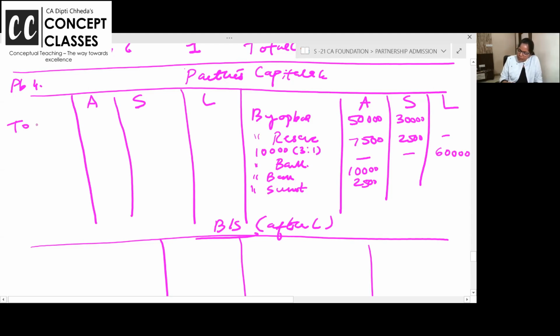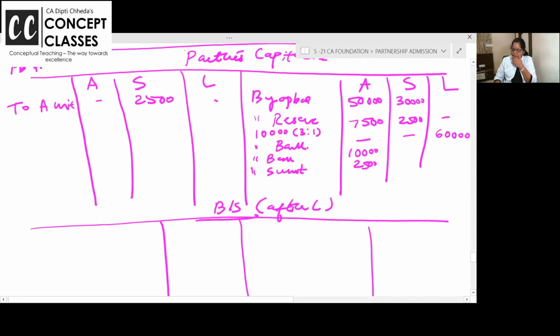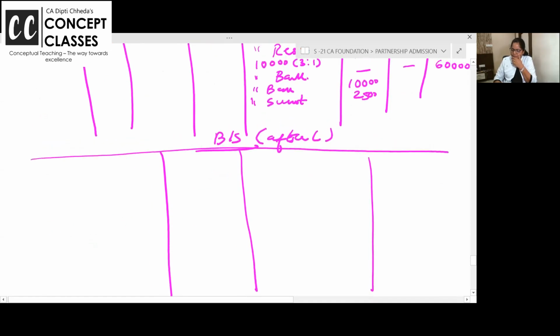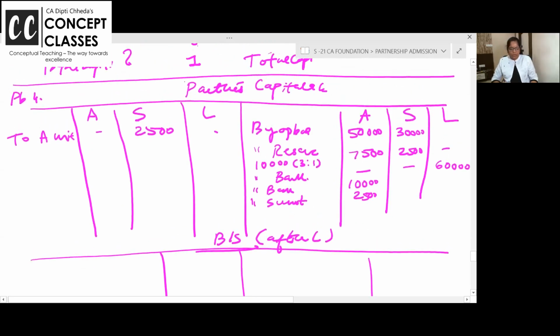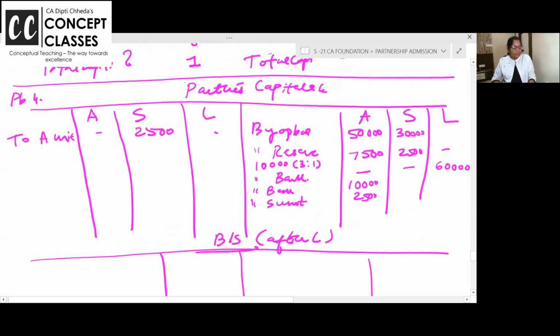Debit Sumit, credit Amit, to Amit. Sumit's account debit, Amit's account credit for the gaining part. And what Lalit is bringing, bank account debit, because he is bringing it in cash. Clear to all of you? Goodwill adjustment is clear or not? There is no revaluation account here.